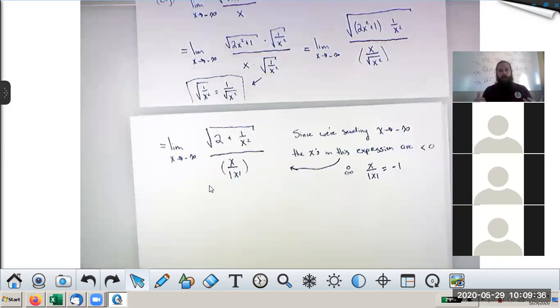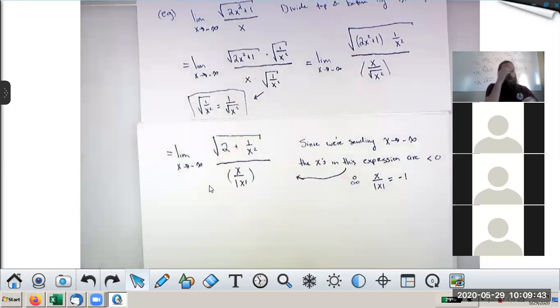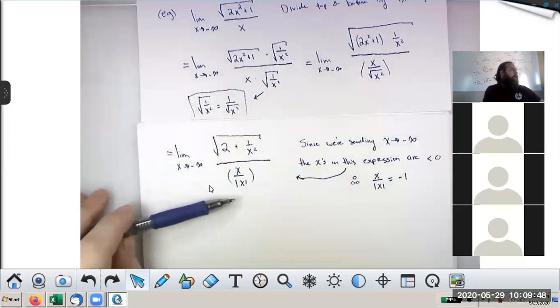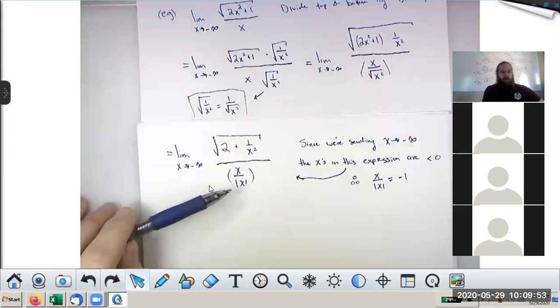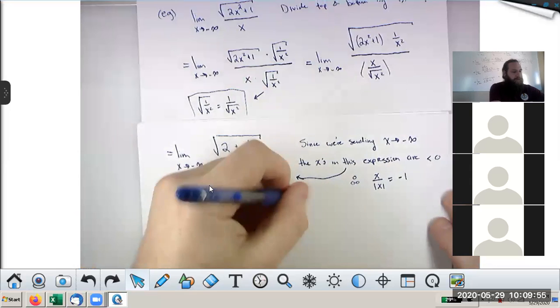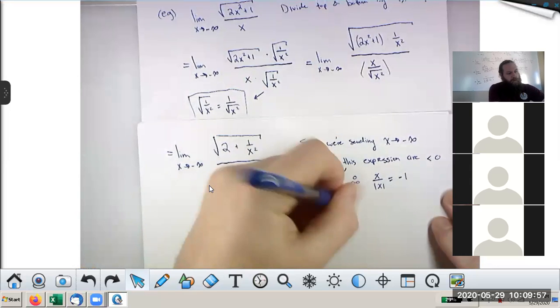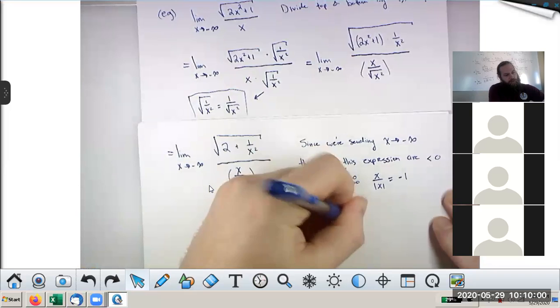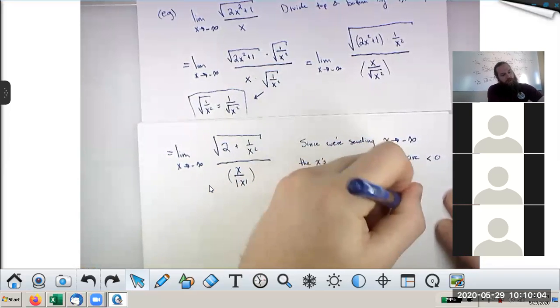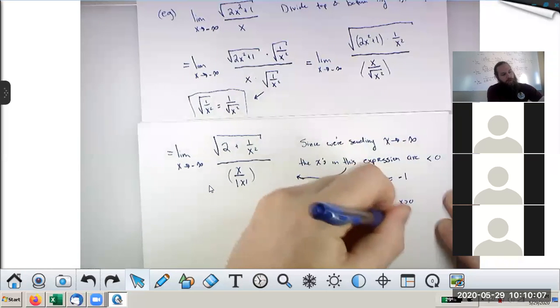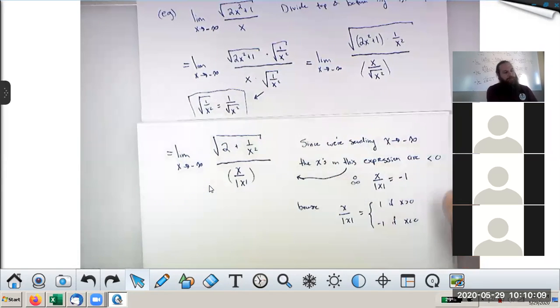All right, so x over x on its own, those cancel and you just get 1. That's what we saw as we worked on this example last time. The denominator just became 1. Here, the denominator becomes x over the absolute value of x, which is +1 if x is positive and -1 if x is negative, right? Because x over abs x equals 1 if x is greater than 0 and -1 if x is less than 0.